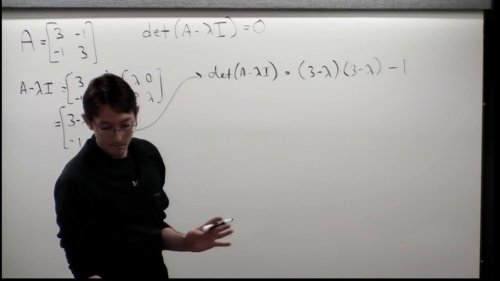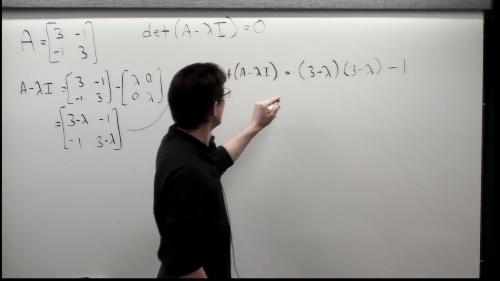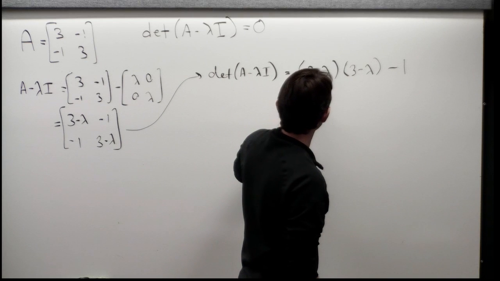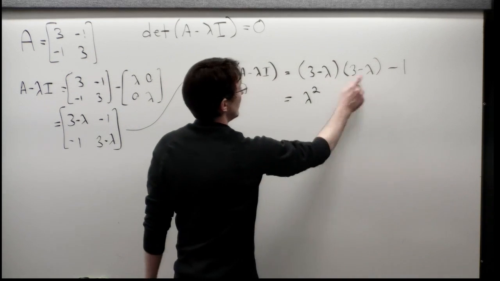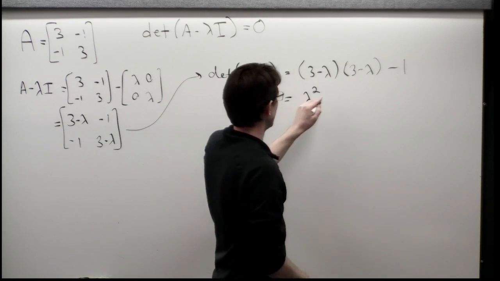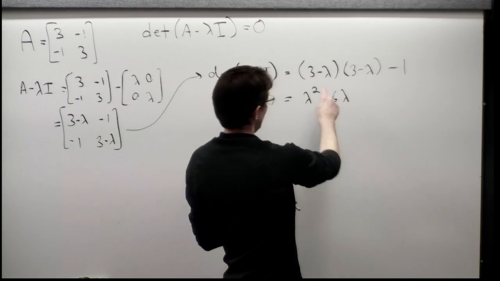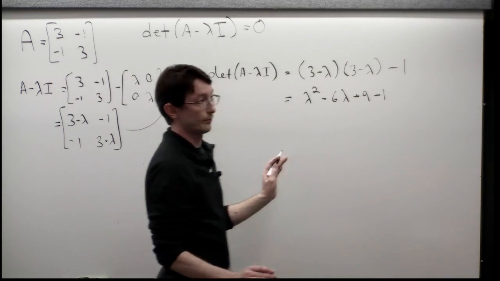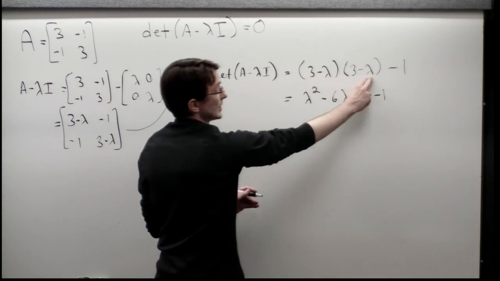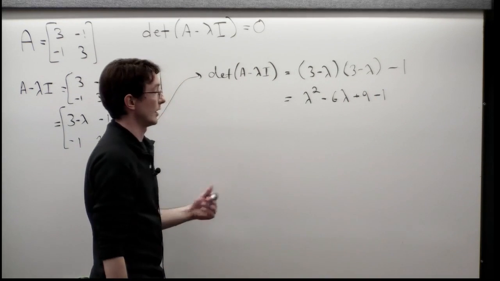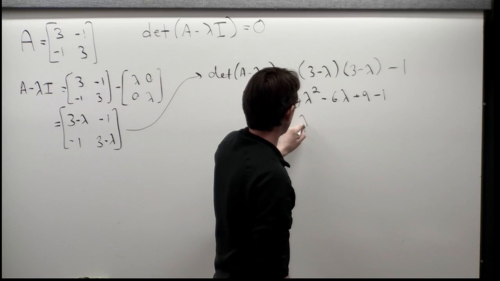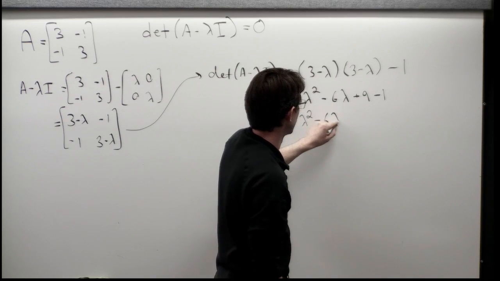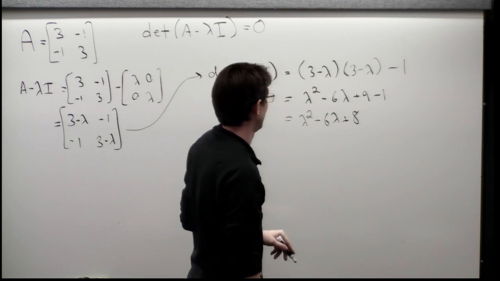Okay, that's pretty straightforward. So this equals lambda squared minus 6 lambda plus 9 minus 1. All I did was expand this out and then subtract 1. So this is equal to lambda squared minus 6 lambda plus 8.